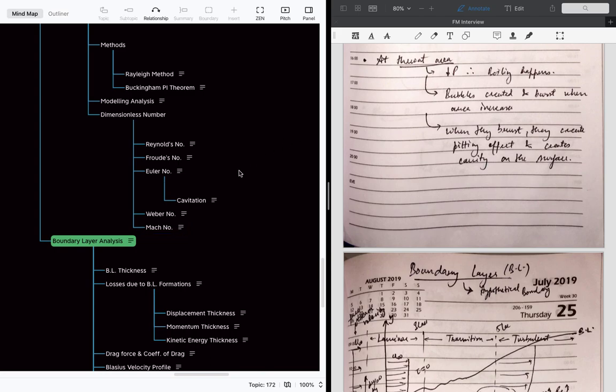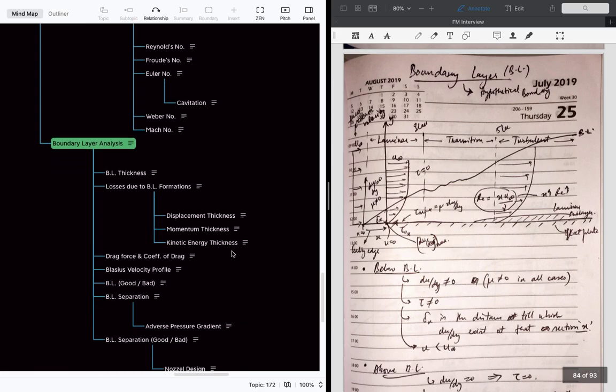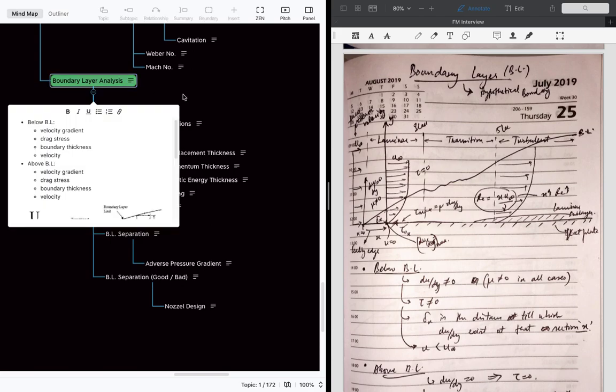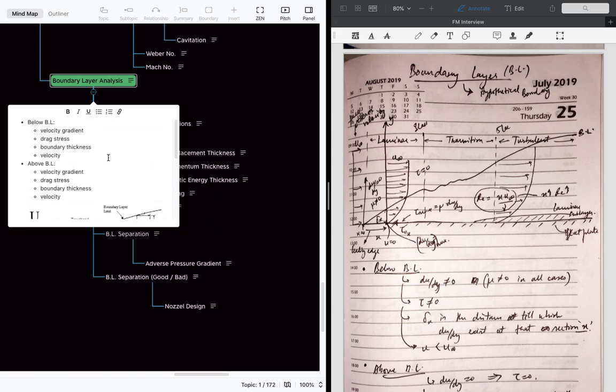So next, let's talk about the boundary layer. The boundary layer is an important topic in fluid dynamics. Okay, so let's see what the points are here.